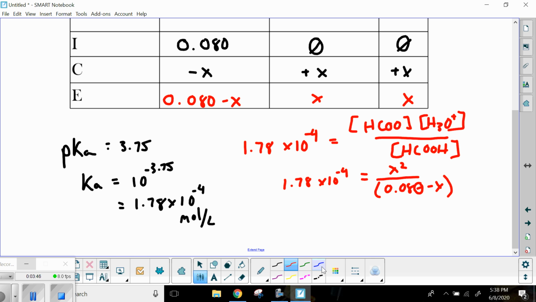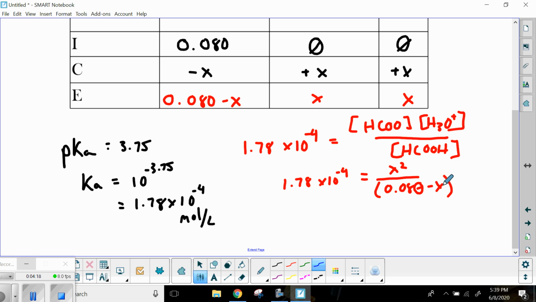But this is where chemists are better than mathematicians, because chemists know that we are dealing with a weak acid. And we know that this value of X has to be incredibly small. So a very small amount of the hydrogens have dissociated from my methanoic acid to start. So this is what chemists do, and it's a dirty little trick, and you're going to love it.